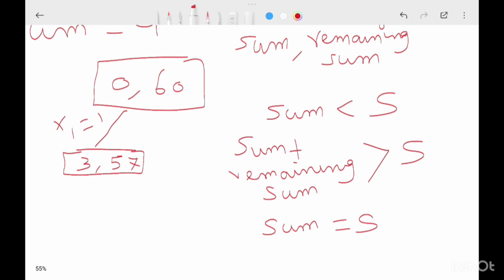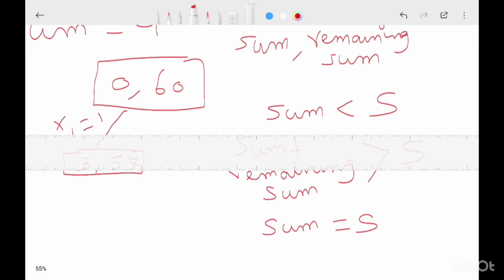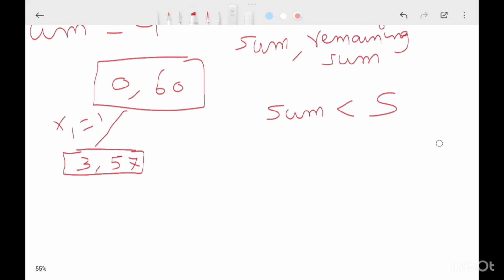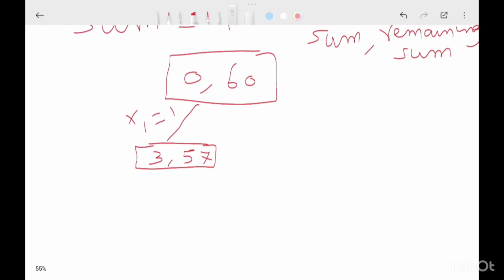So these two constraints we need to check: whether sum is less than the required sum, and sum plus remaining sum is greater than the required sum. So in this state I am checking those constraints.